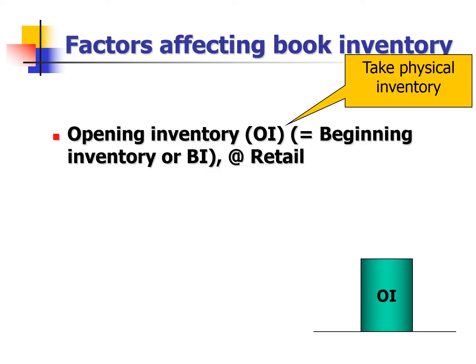So whenever you take a physical inventory, that becomes your opening inventory, and from then on the period starts. The physical inventory takes precedence over any opening inventory the book says.